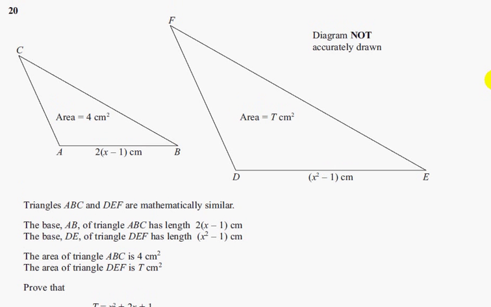So if these were all numbers and not algebra, we would have to find out the scale factor by dividing this one by this one. That would tell me how many times larger this is compared to this. Then we know that the area for the small one is 4, but just because, let's pretend this was double the length of this, so the scale factor is 2, that doesn't mean the area is just doubled.